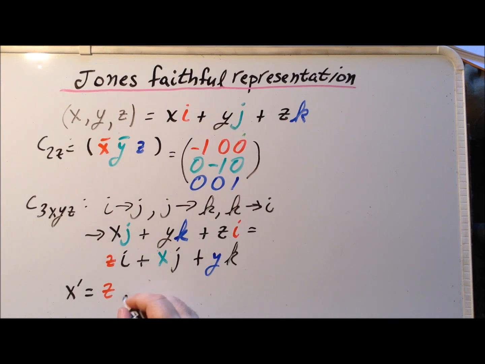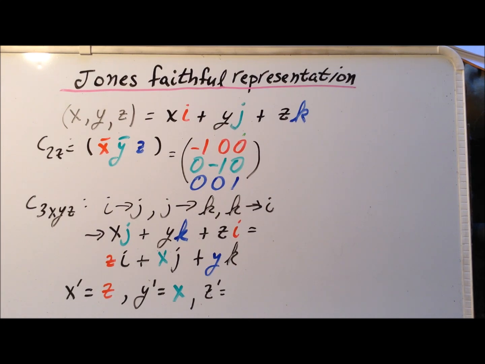Similarly, if we want to find the new value of the y coordinate, I simply look at what is multiplying the j vector. Multiplied times the j vector is a coefficient of x, so that is our new value for y prime. And then for the z prime, the new value of z, that is going to be the coefficient of the k vector.